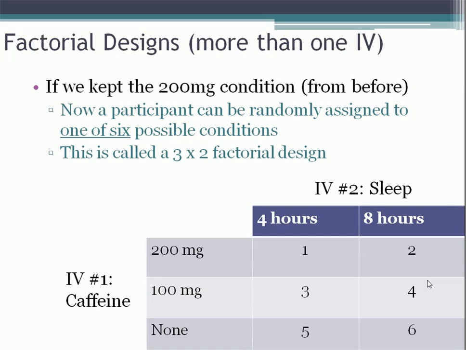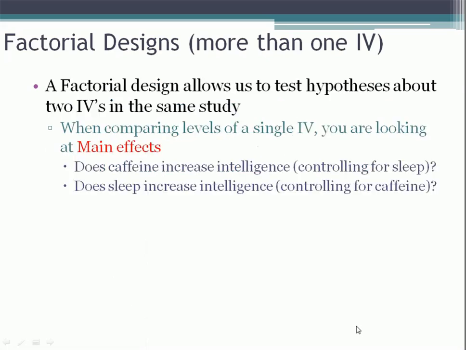And so that means there are 6 possible conditions that a person could be randomly assigned into, right? Or you can think about this as there are now 6 groups. One group of people gets 4 and 200, one group of people gets 8 and 200, so there are 6 possible groups, okay?